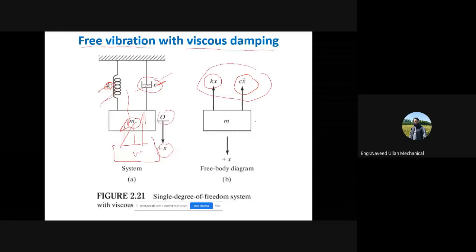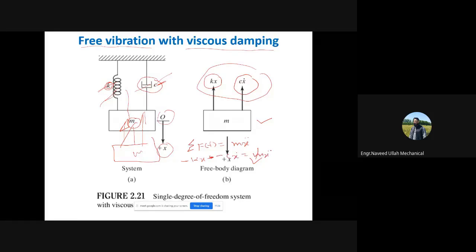From this free body diagram, using Newton's rule, the summation of forces is equal to the inertia force m x double dot. Here there are two forces. Because we are taking this direction as positive, minus kx is one force and minus c x dot is another force, and this is equal to m x double dot.